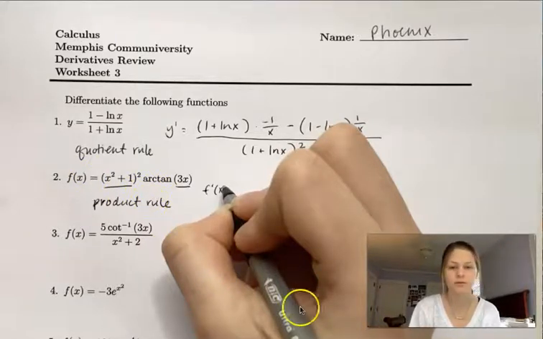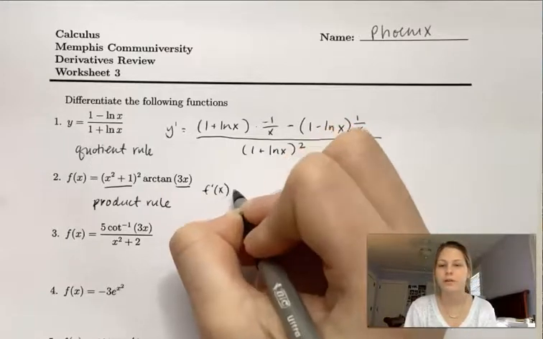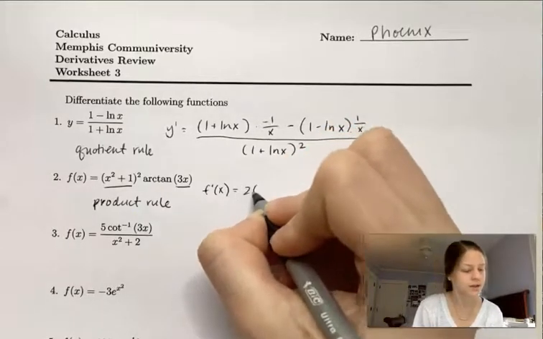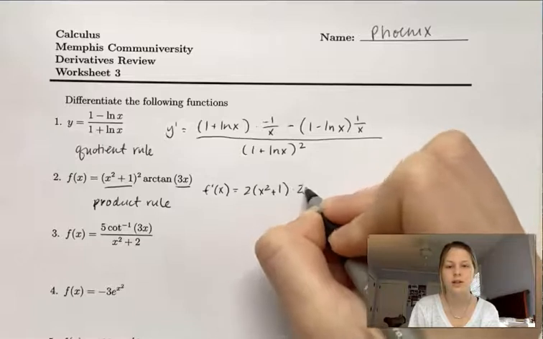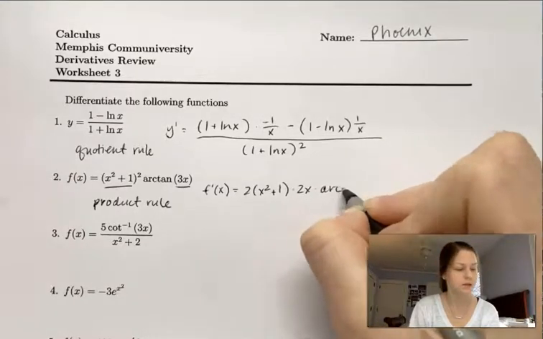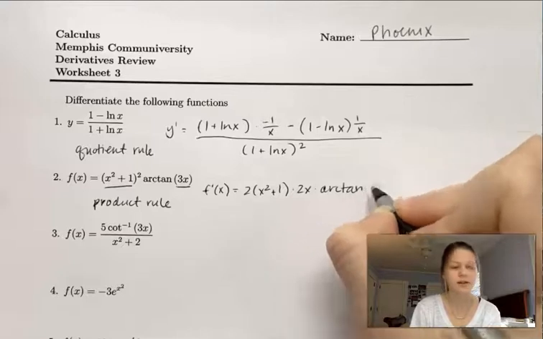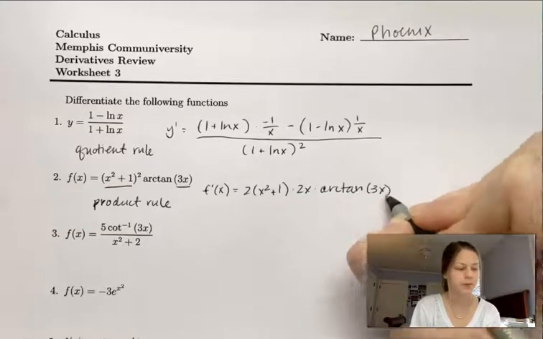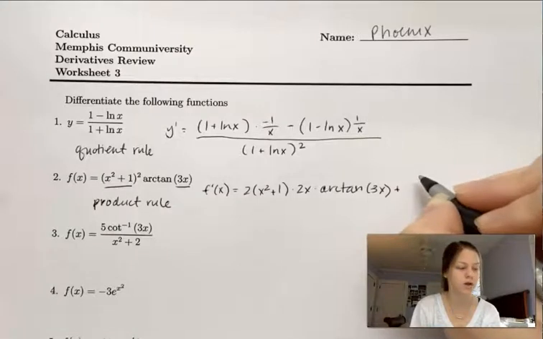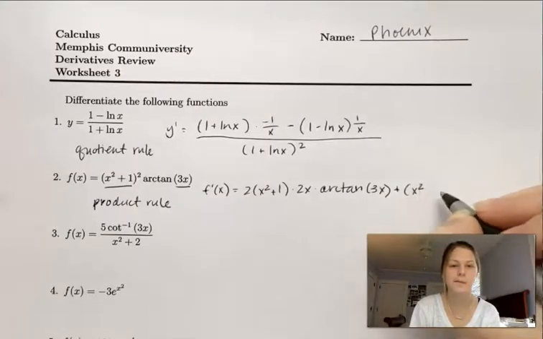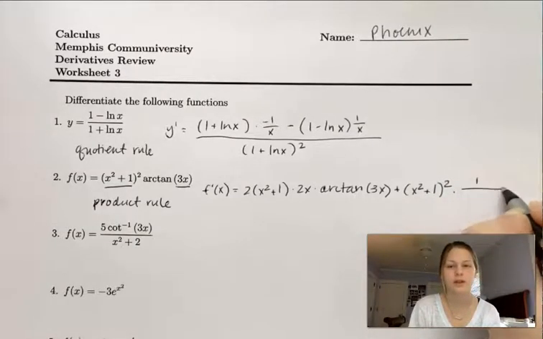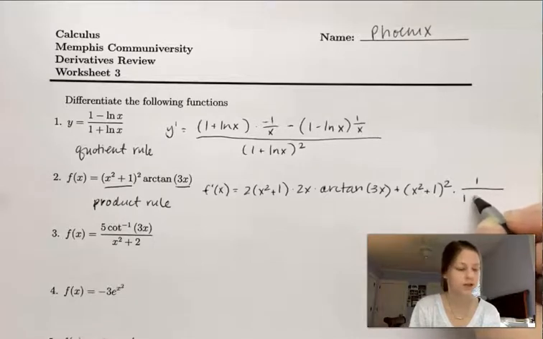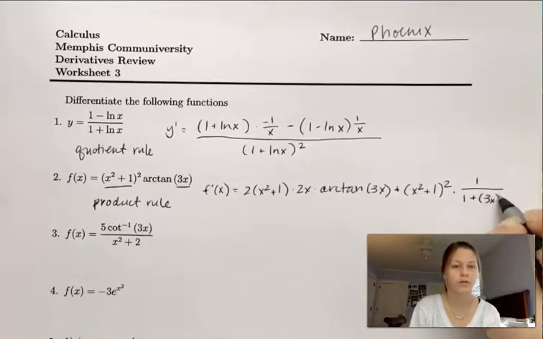So for this question, we will get f prime of x equals 2 times (x squared plus 1) times 2x times arctan 3x, plus (x squared plus 1) squared times the derivative of arctan, which is 1 over 1 plus (3x) squared, times 3.